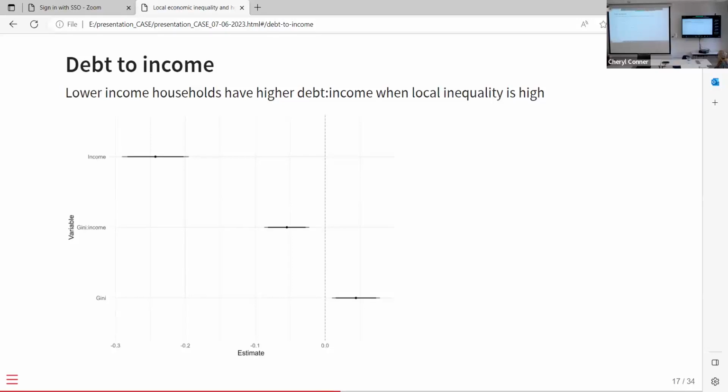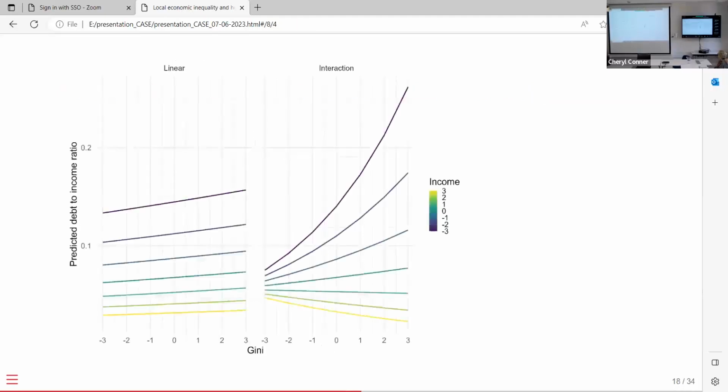Now, just for the debt to income, conditional on having some debt. So again, we have this negative significant interaction term. So lower income households have higher debt to income ratios when local inequality is high. And then again, the fitted interaction plot here, it's the lower income households who have in general a higher debt to income ratio, regardless of the area.